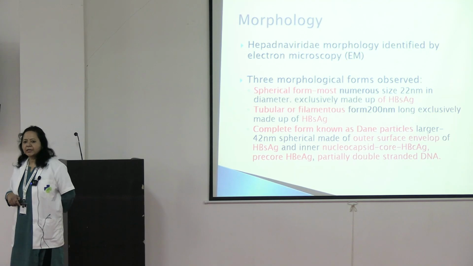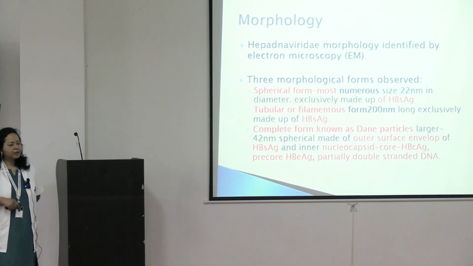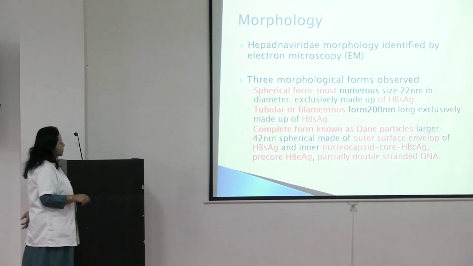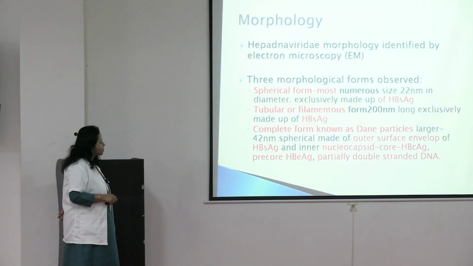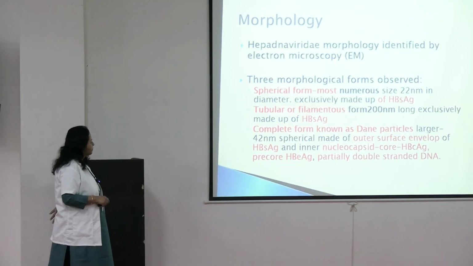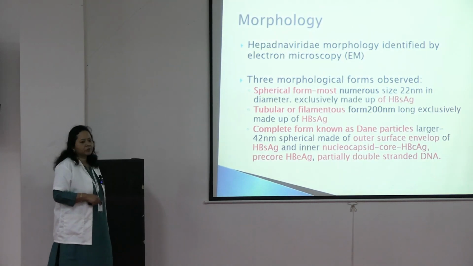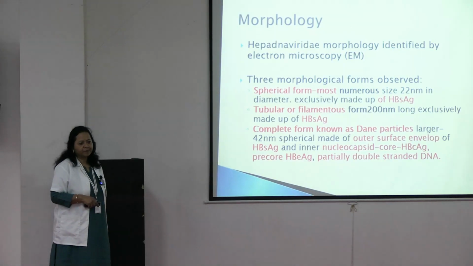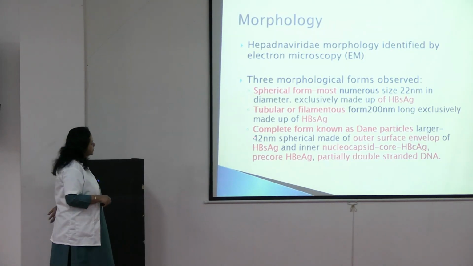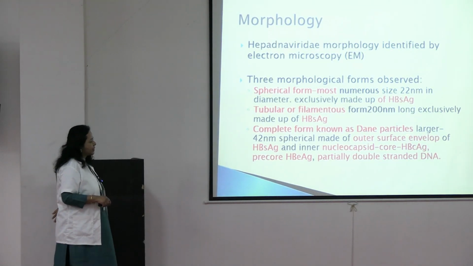This spherical form is about 22 nm in size and made up exclusively of HBsAg. Next is the tubular or filamentous form, which you saw a few minutes back. This is long, also made up exclusively of HBsAg. Next is the complete form, the Dane particle.